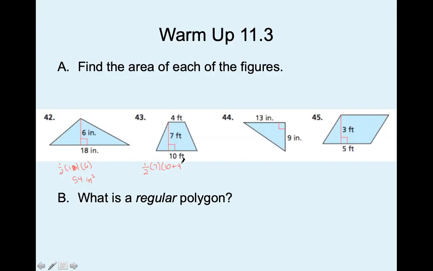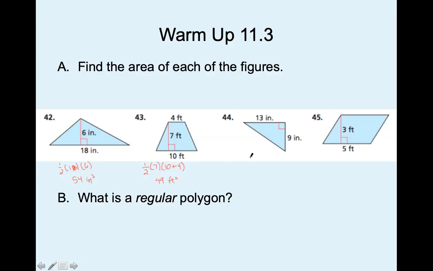I could multiply 1/2 of 7, which gives me a crazy decimal, or I could add 10 plus 4, which is 14. 1/2 of 14 is 7, and 7 times 7 is 49. Remember, with multiplication, the order in which you multiply doesn't matter.